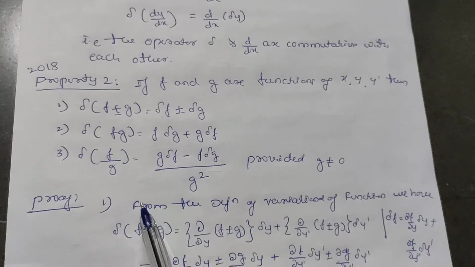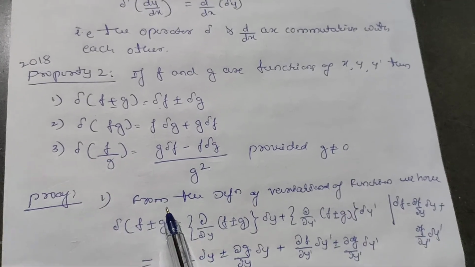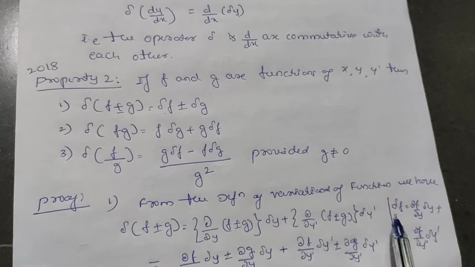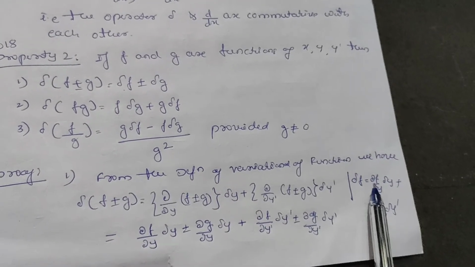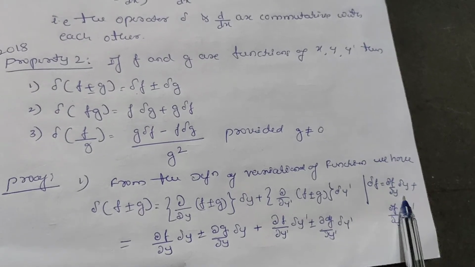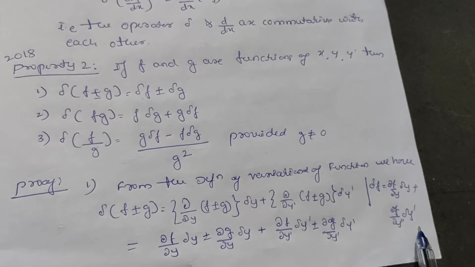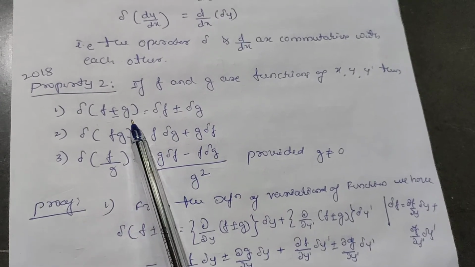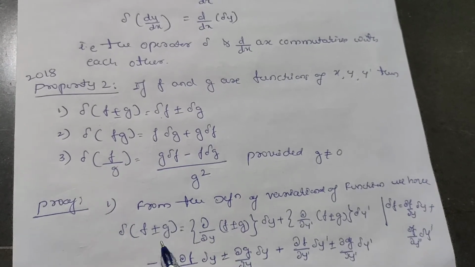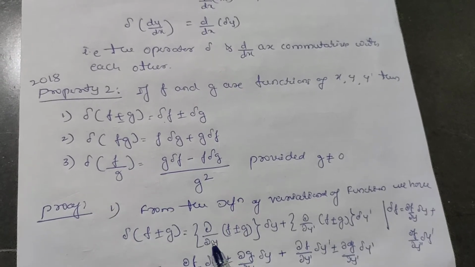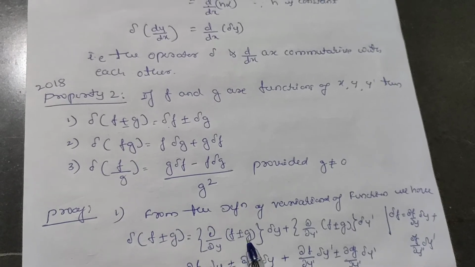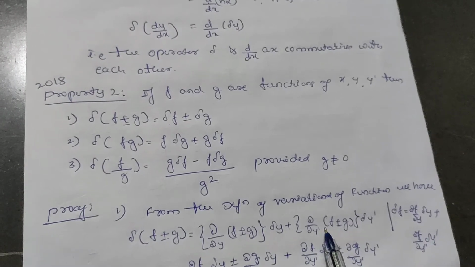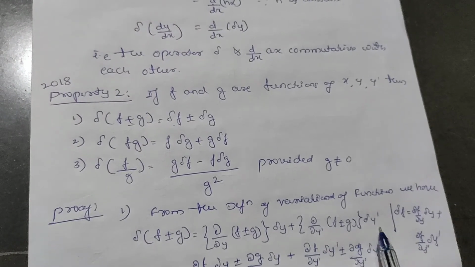Let us take the proof of the first one. We know that the definition of a variational function is delta f is equal to dou f by dou y into delta y plus dou f by dou y dash into delta y dash. In place of f, let us take f plus or minus g. So delta of f plus or minus g is equal to dou by dou y of f plus or minus g into delta y plus dou by dou y dash of f plus or minus g into delta y dash.